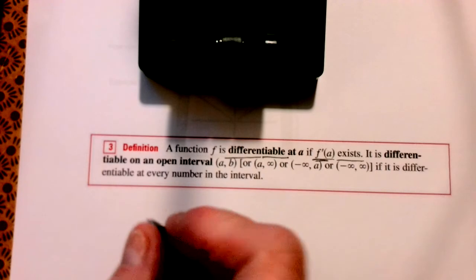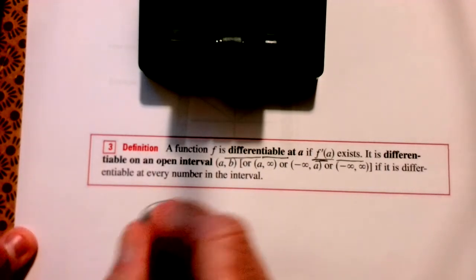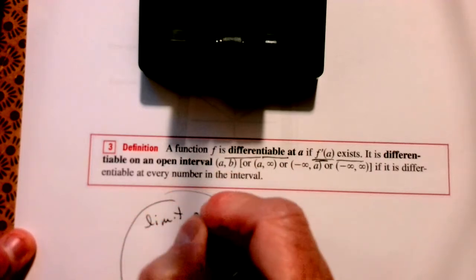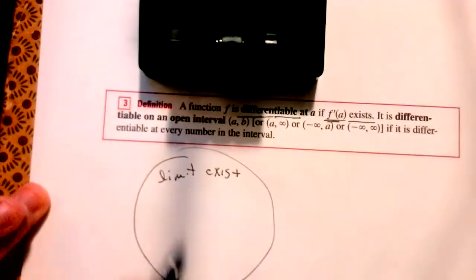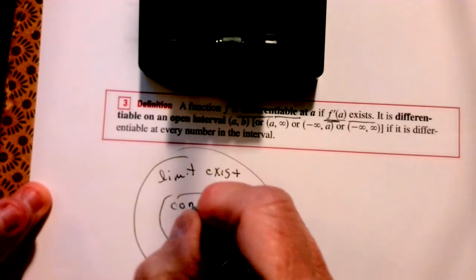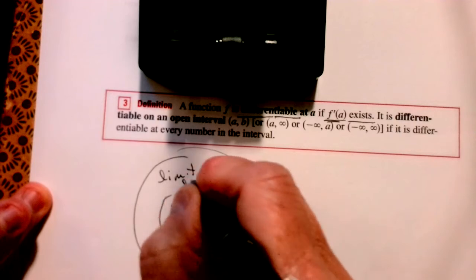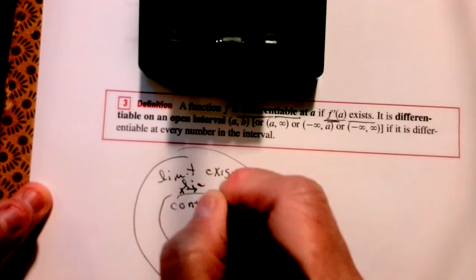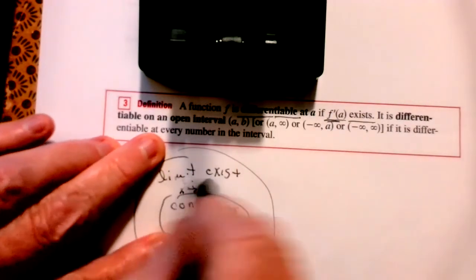Now, one thing that's true, and we're going to talk about this some more, is that there are a lot of functions that have the limit exist. And in order for a function to be continuous, the limit has to exist. Let me write it out a little better.